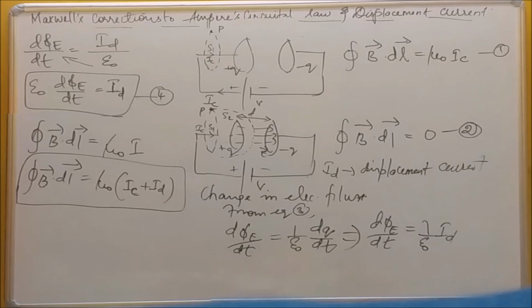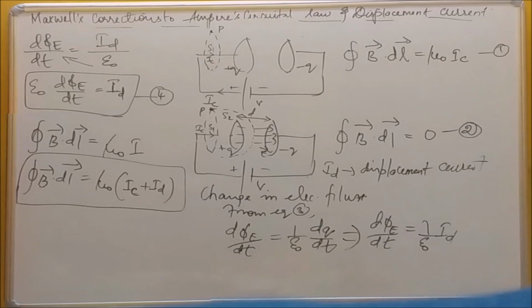That is, closed integral of B vector dot dl vector equals mu naught into (IC plus ID). So the total current is equal to the sum of the conduction current and the displacement current here, right? Yes, this is the modified form of Ampere's circuital law. Maxwell modified this Ampere's circuital law, right?